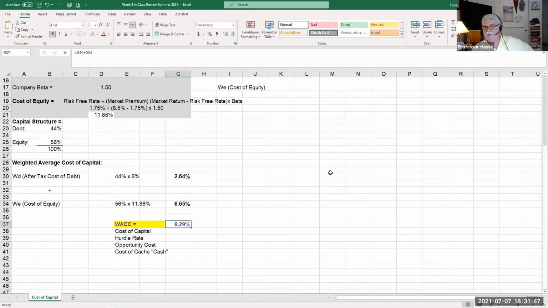This is our cost of money based on today relative to the market of risk and return for a specific company. It's also called the hurdle rate. It's called the opportunity cost. It's the cost of your money today, not tomorrow, not last week. As of today, that's your cost of capital.